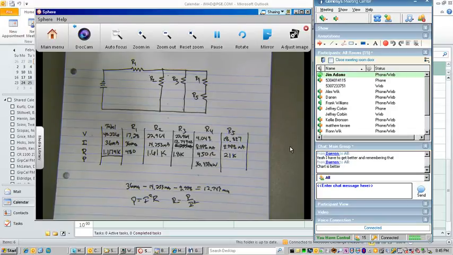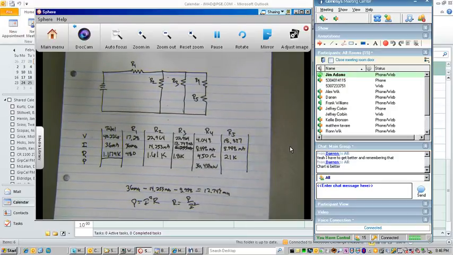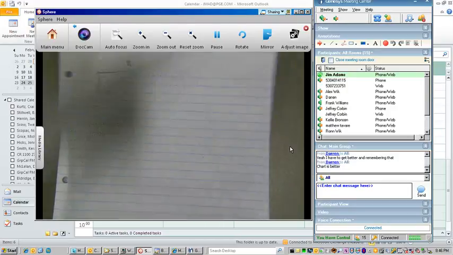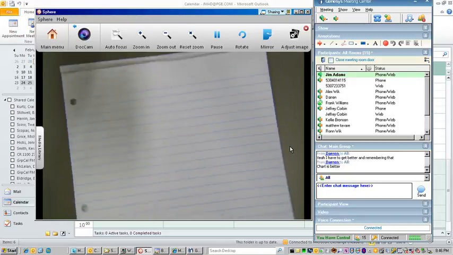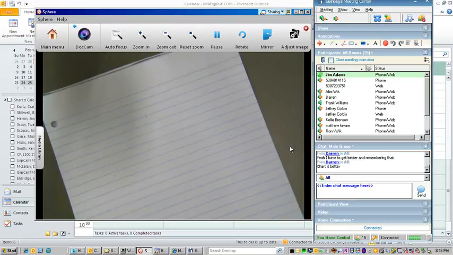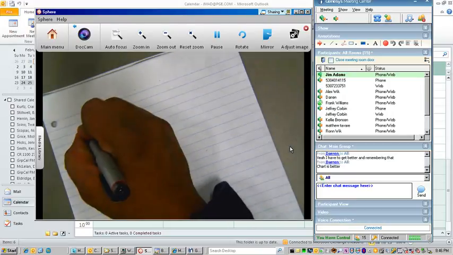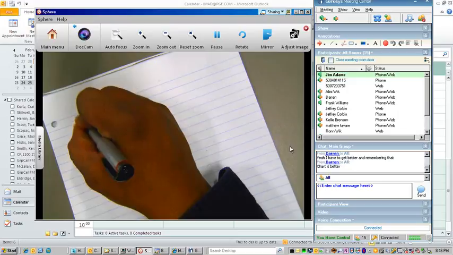Come up with 1.1174K, something like that. And we can check it. We can divide our voltage by our current. So 40.226 divided by 36 milliamps, 1.1738. Close enough for government work.